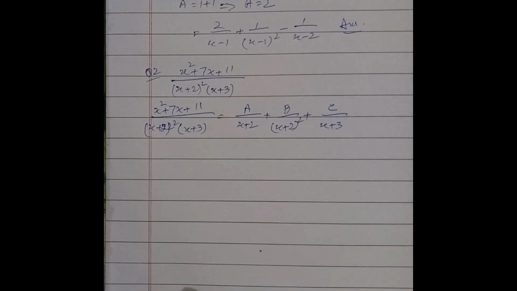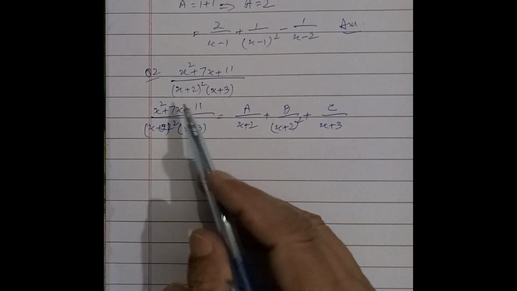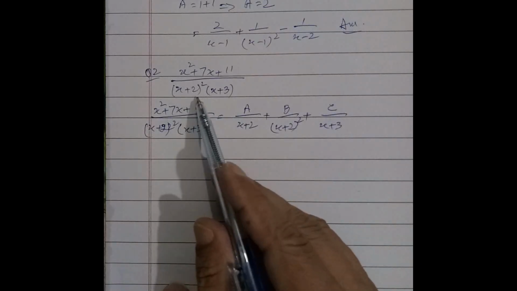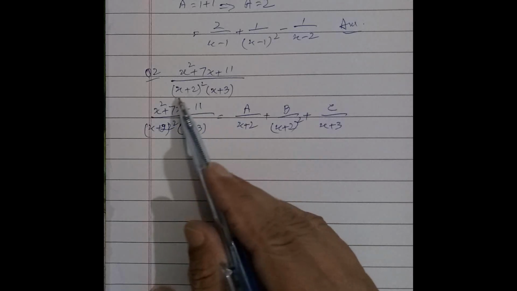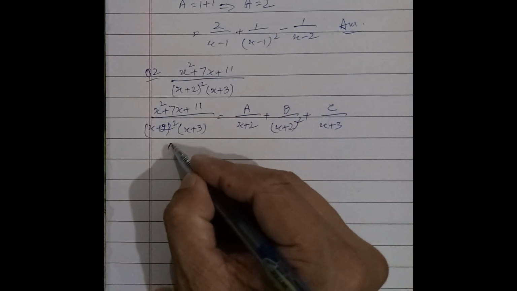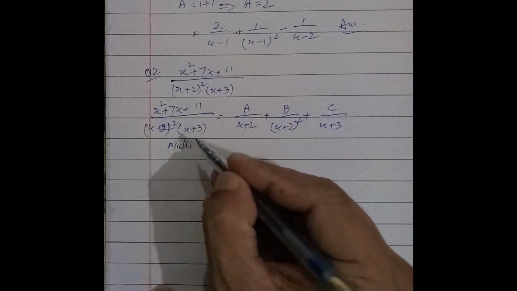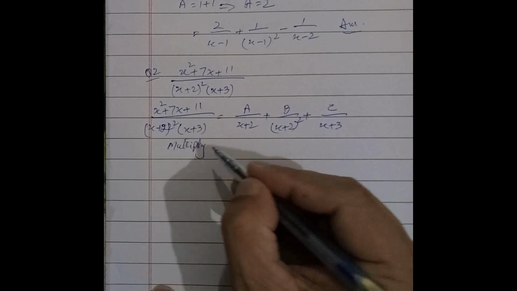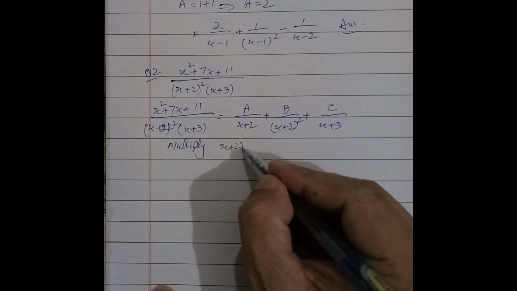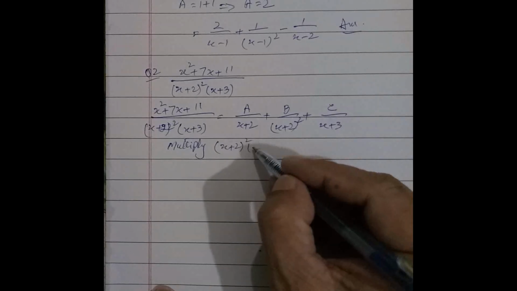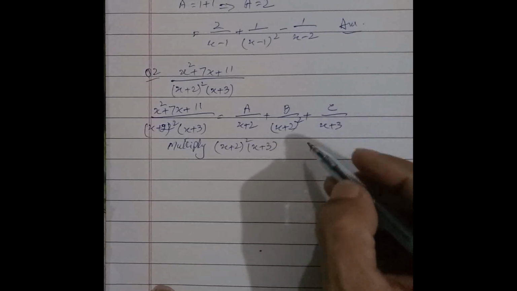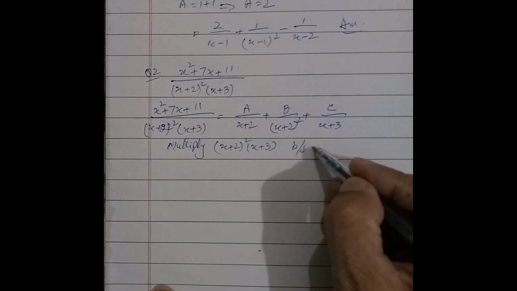Now we multiply the denominator of the fraction, which is x plus 2 whole square into x plus 3, on both sides.